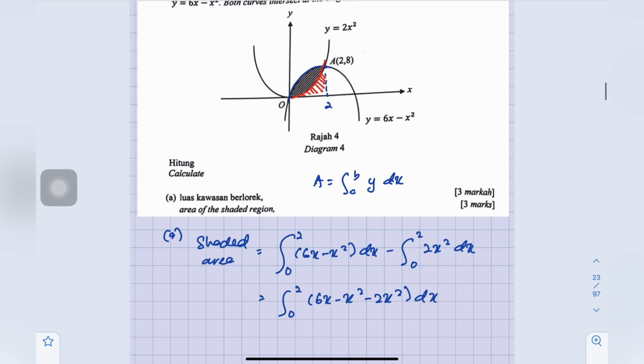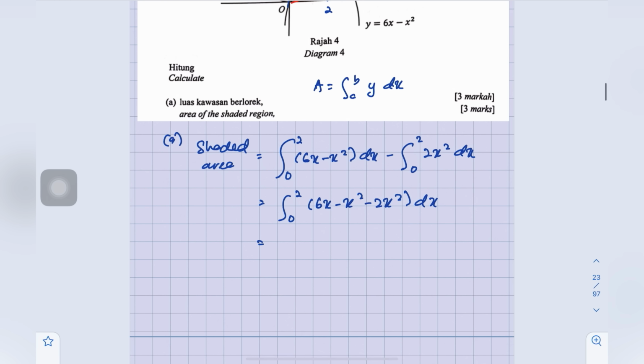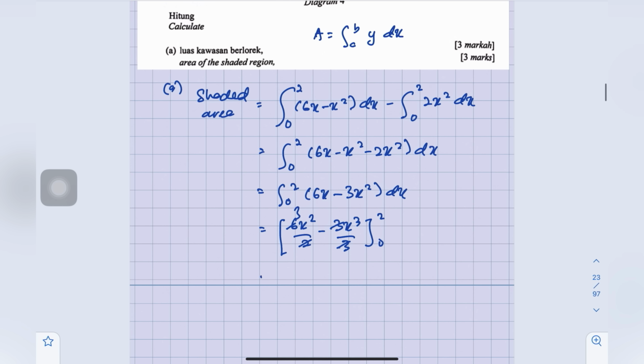Then we can simplify this: integral from 0 to 2 of 6x minus 3x squared. Then we integrate: 6x squared over 2 minus 3x cubed over 3, from 0 to 2. This one we can eliminate, so it becomes 3x squared minus x cubed.